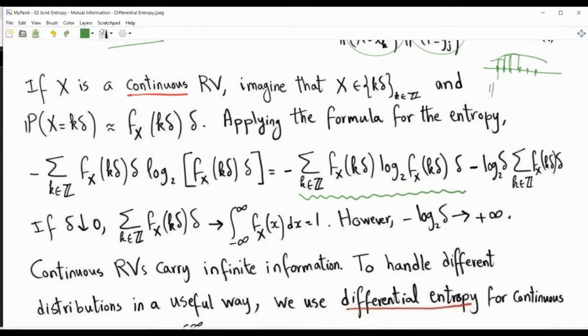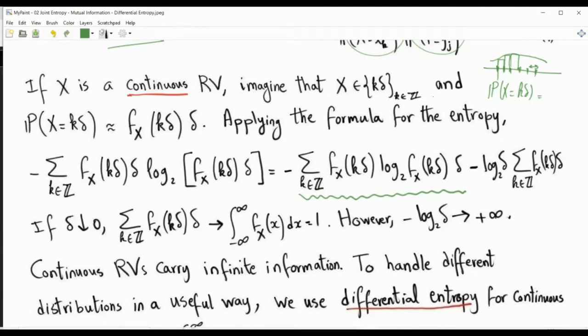You say the probability that x is equal to k delta, where delta is the separation. Now again, for a continuous random variable, the probability that x is equal to a specific value is 0, right? And by definition, if x lies in any subset of R of measure 0, the probability will be exactly 0. So the probability that x is a rational number is also equal to 0.